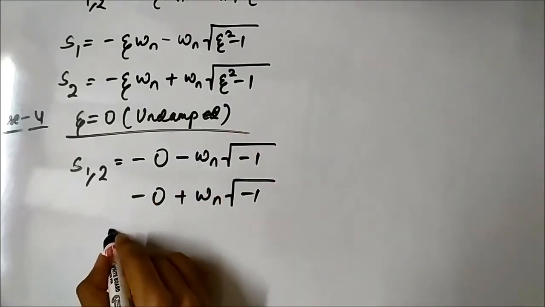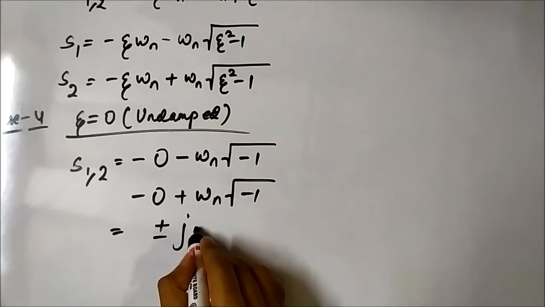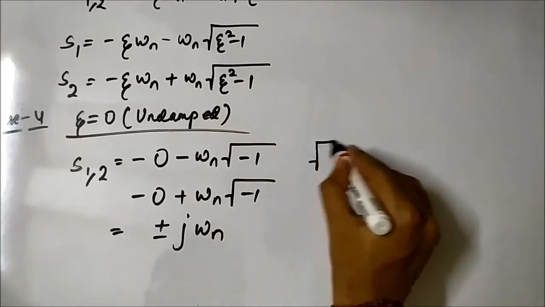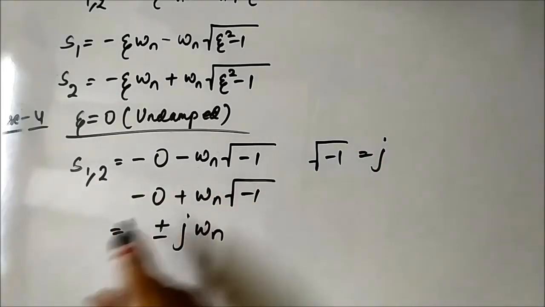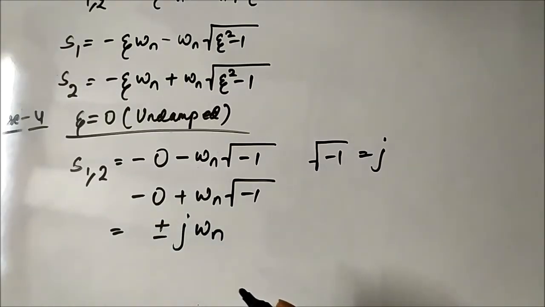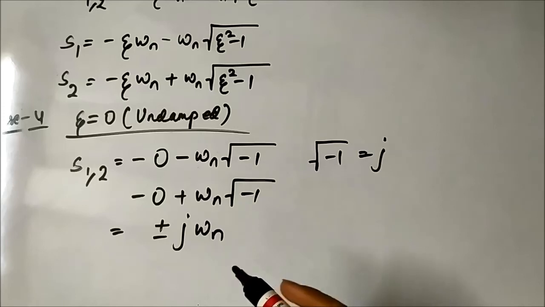We can write it as plus minus j omega n, because we know that root over of minus 1 is equal to j. So this is the location of the roots for an undamped second order system.